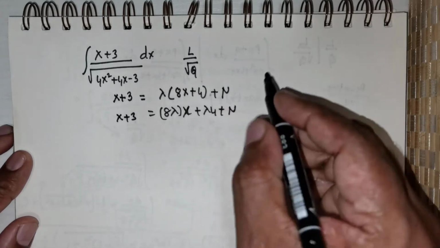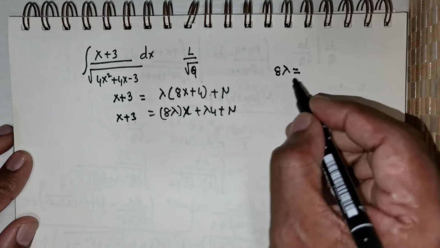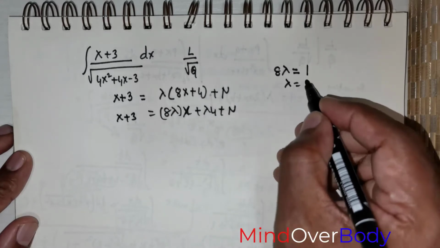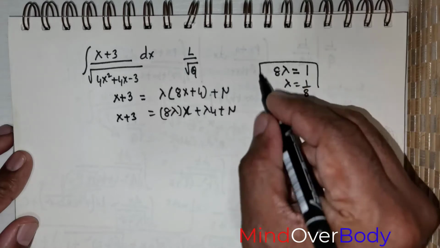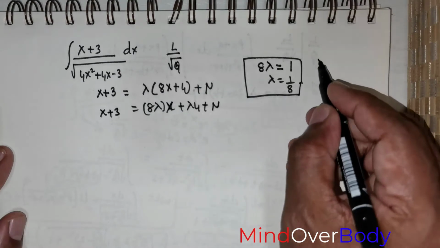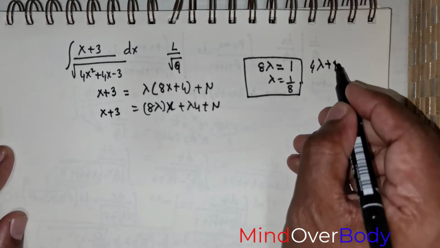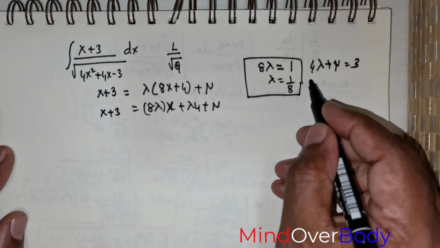So if I were to equate the coefficients of x, I would get 8 times lambda is equal to 1, therefore lambda is equal to 1 over 8. This is one part. The other one, if I were to equate the constant term, I would have 4 times lambda plus mu is equal to 3.